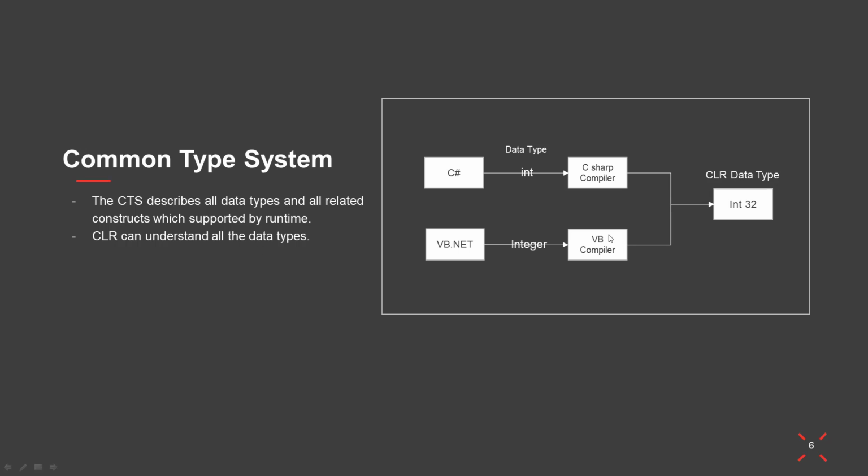Each one has its own compiler, the C# compiler and the VB compiler. After compilation, both use the same structure as Int32 in CTS. As you can see, after compilation of each programming language, we will have actually the same thing, the same structure in CTS.